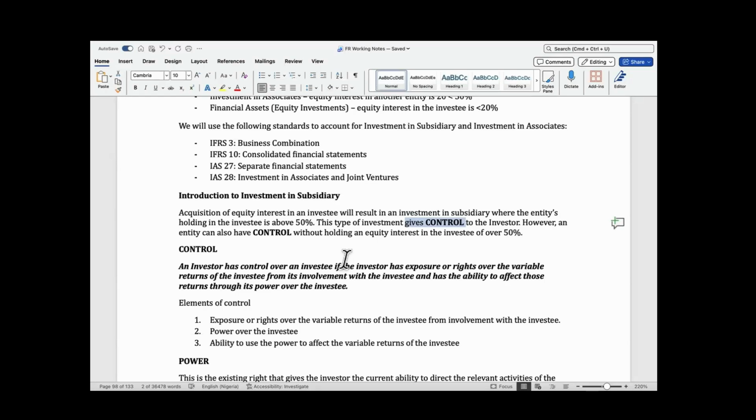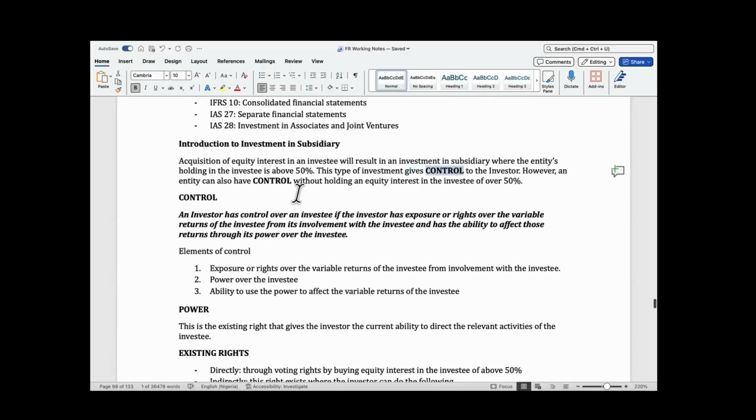If you can prove some things, then you have control and you can consolidate. Okay, I'm going beyond what I've mentioned. I've not really mentioned consolidate, but yeah, it's talking about control. So the key indicator of investment in subsidiary is perhaps control.